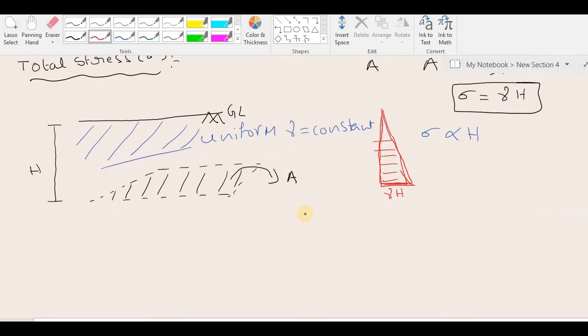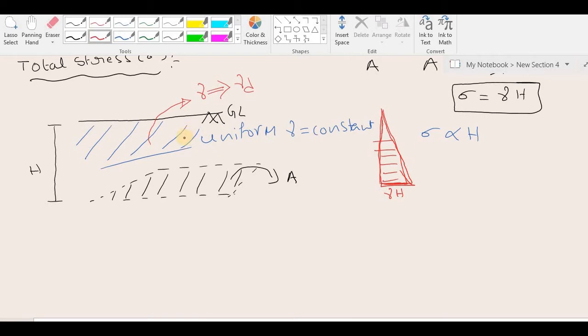So this is all known. The main thing for the numerical purpose is, let's say this is a dry soil mass. In that case, this gamma will become gamma dry.